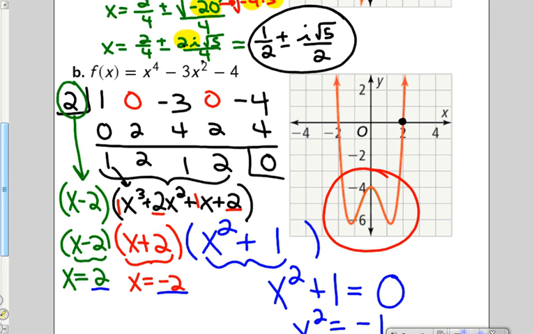So i to the 4th is 1 minus, what's 3 times i squared? 3 times i squared is 3 times -1. So what's 1 minus -3? A lot of different answers coming out of your mouths right now. 1 minus -3 is 4. And what's 4 minus 4? 0. -i will work too.